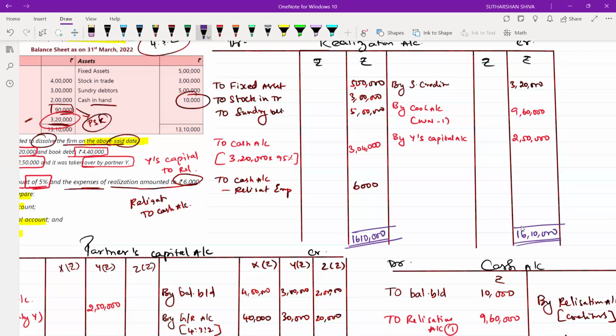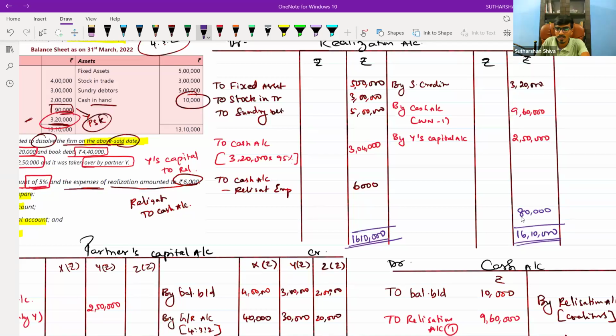Subtract 9,60,000. Subtract 2,50,000. Subtract 3,20,000. What is the value? 80,000. In your book, it may be given differently, but I am doing it this way.